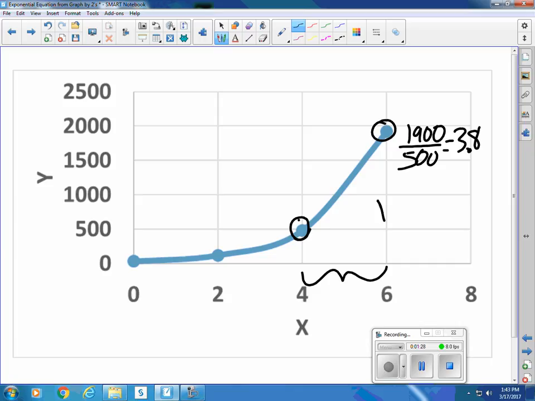So let's take the square root of 3.8, and it says that number is 1.9. Well, since I didn't read these numbers exactly, that is closer to 2. So 1.9 is close to 2, so I know there's some value times 2 raised to the x.